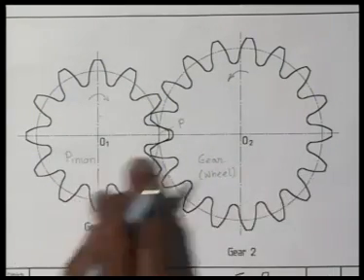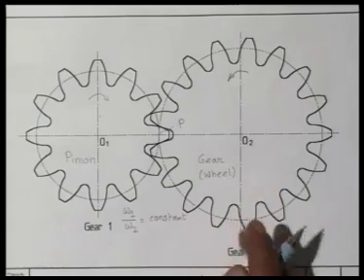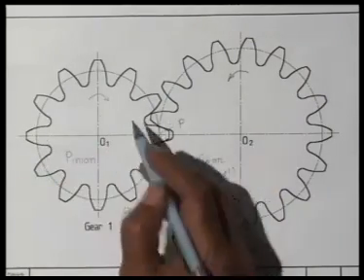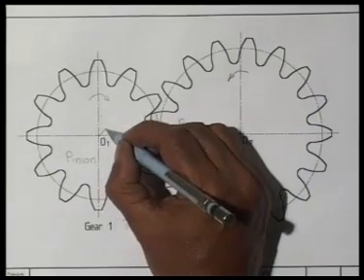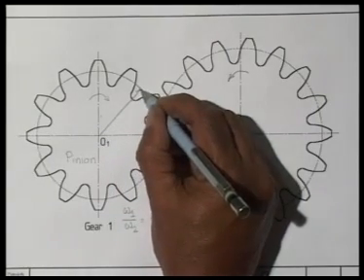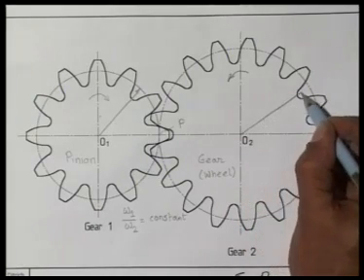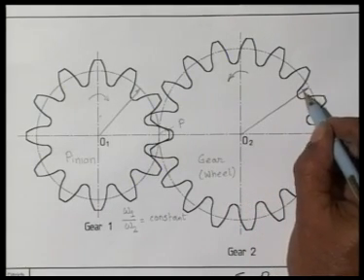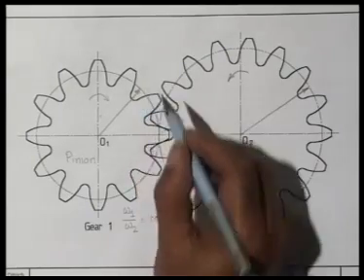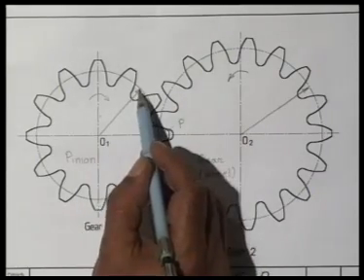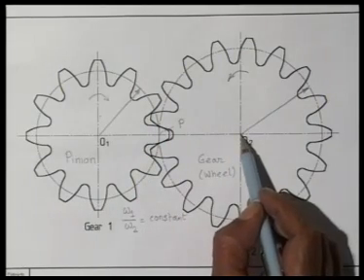Exactly the equivalent transmission is also possible by mounting two friction discs, one disc of this radius and the other disc of this radius. Imagine two friction discs with center here and radius this much, and another center here and radius this much.